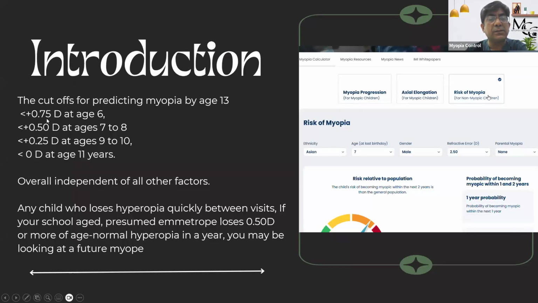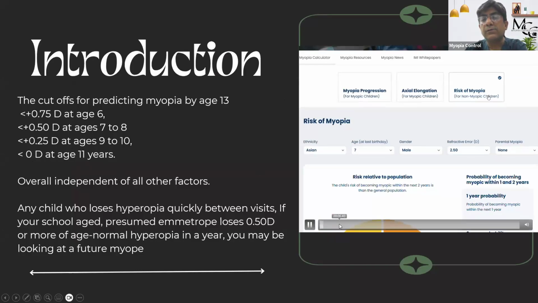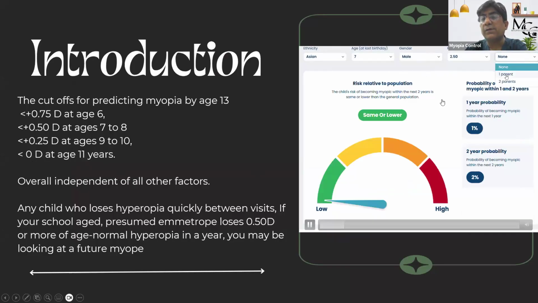So at the age of 6 years, 0.75; 7 to 8 years, 0.5; 9 to 10 years, 0.25; and 0 diopter at 11 years. And anybody who loses hyperopia quickly has parental myopia or does a lot of near work. And if you see this calculator, this is what I was talking about.